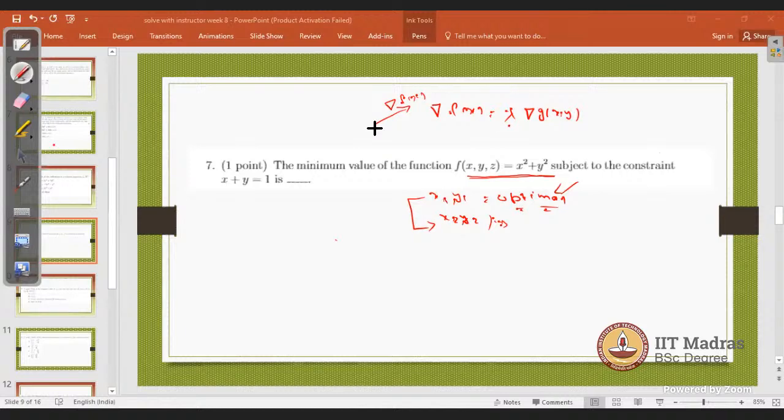Parallel or anti-parallel, both. Parallel or anti-parallel in the case that g is 0, but if g is less than or equal to 0, something like that, then it should be anti-parallel, no sir? That depends on the lambda value also, whether it's positive or negative.